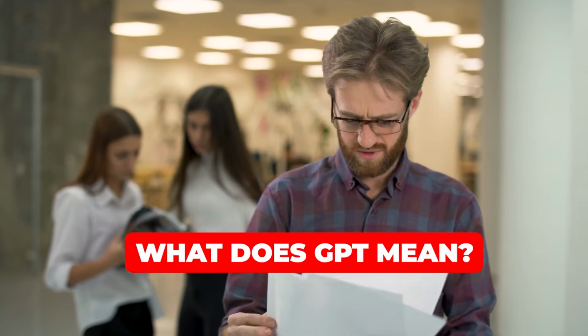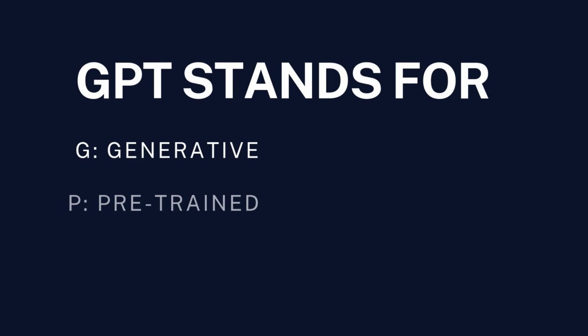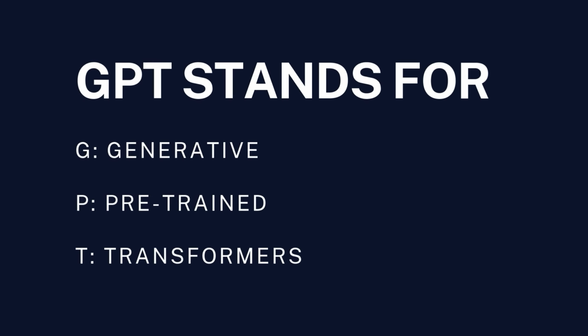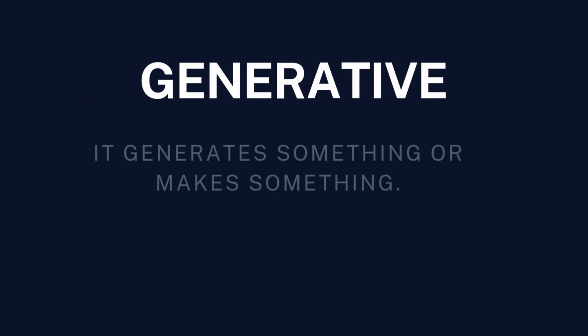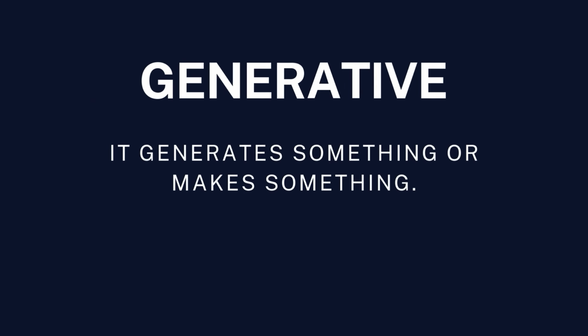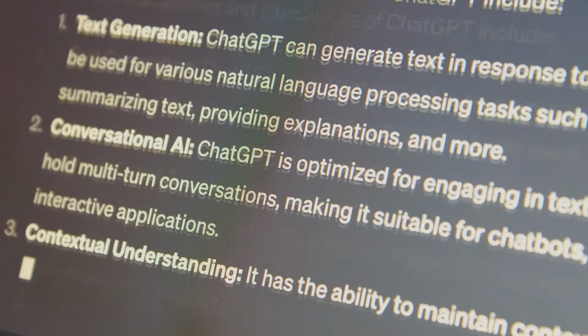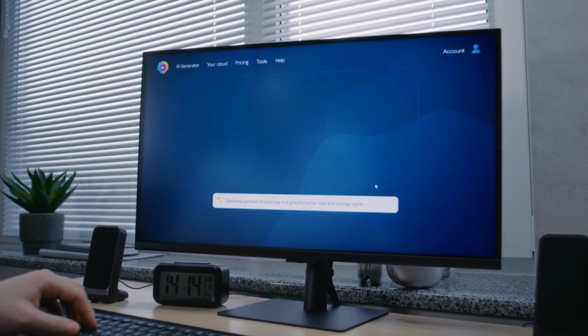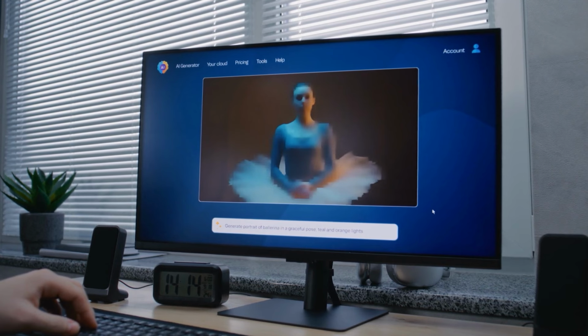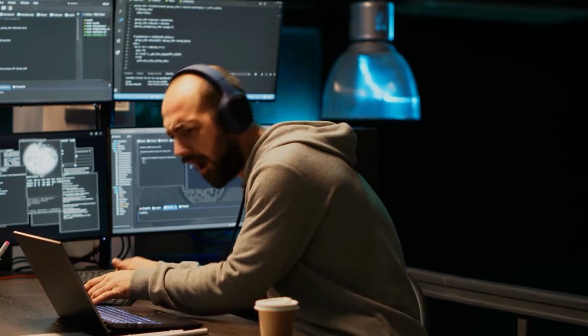Okay, we have all heard of ChatGPT, but what does GPT actually stand for anyway? GPT stands for Generative Pre-Trained Transformer. G, generative. It generates something or makes something. Some models generate text, other models generate images, some models generate videos, and some models generate music.